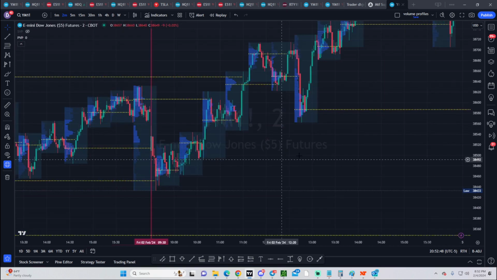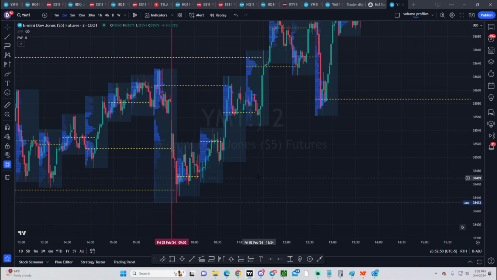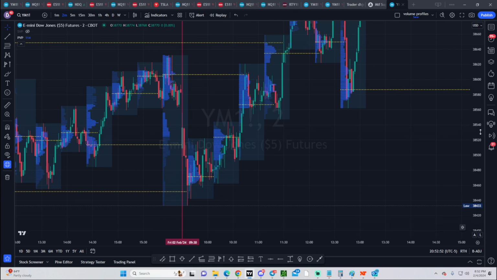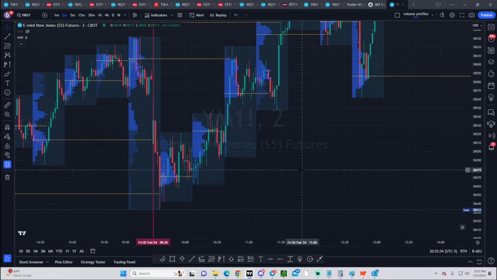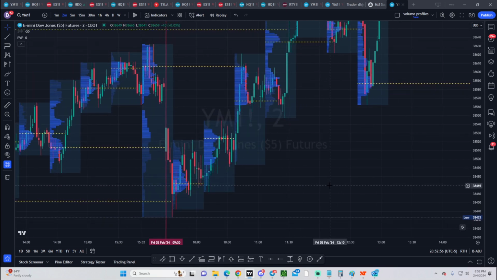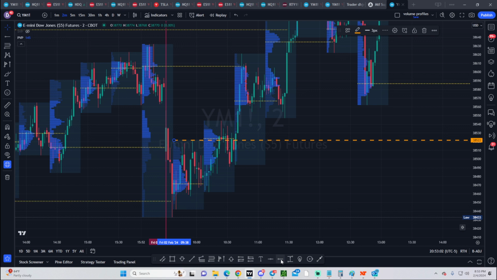All right, so just to recap a little bit from the beginner's strategy, we talked about the opening range breakout. We're going to do a little bit of that here, just real quickly, and we're going to determine the range of the opening range breakout in this particular scenario.